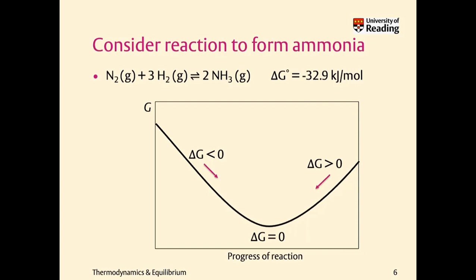At the point of equilibrium, we have our minimum point, and so the change in Gibbs free energy at that point of minimum is 0. At any point on this graph, the gradient will tell us whether we expect the reaction to be going more in the forward direction or more in the backward direction to get to that minimum point.